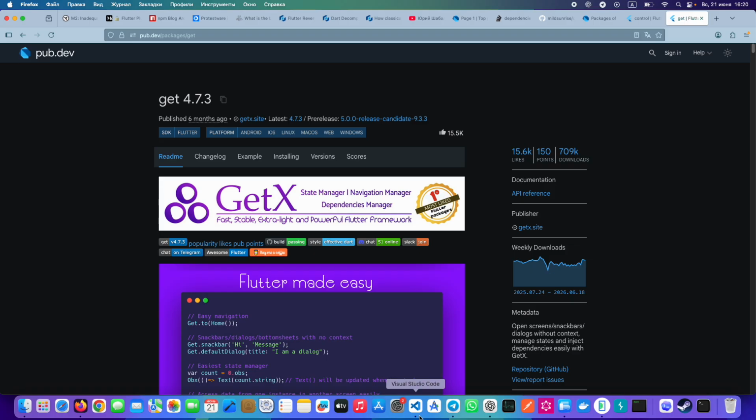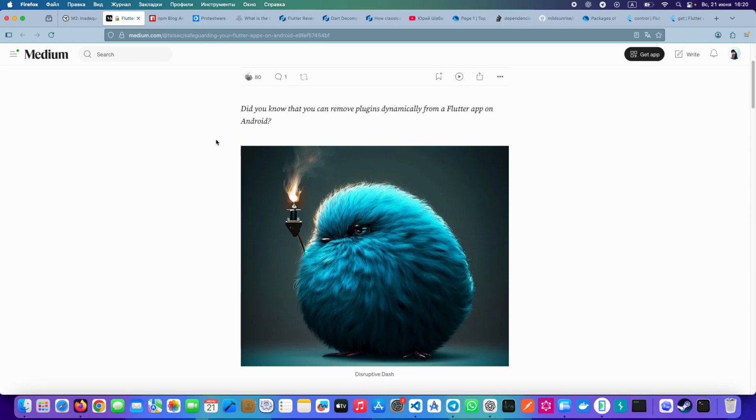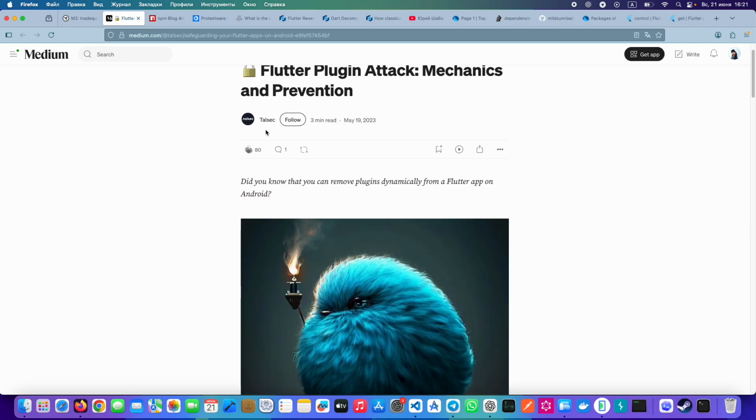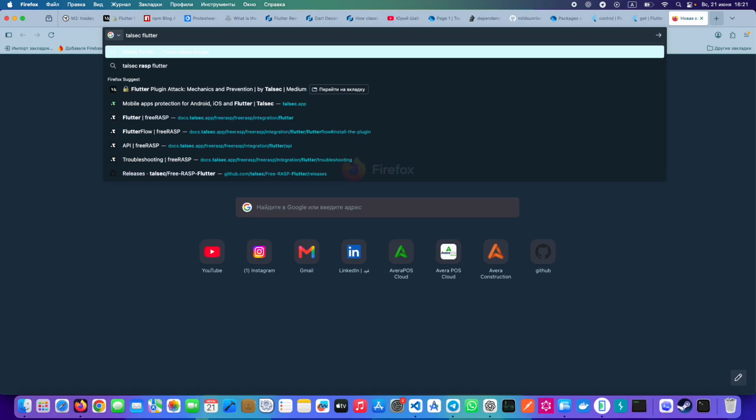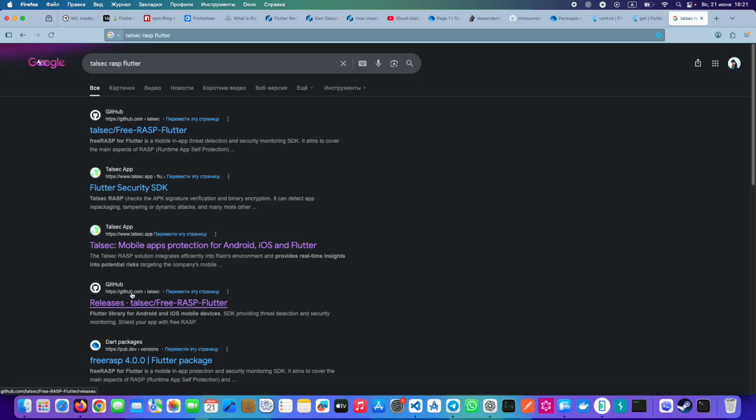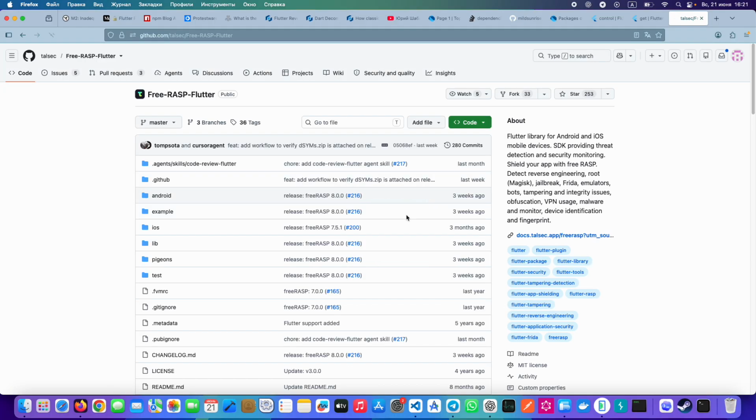What I wanted to show you, for example, is this topic written by Talsec. It's very much about securing applications, all that stuff. For example, Talsec, Flutter, OWASP. You can find out that there is a free RASP made by Talsec itself.